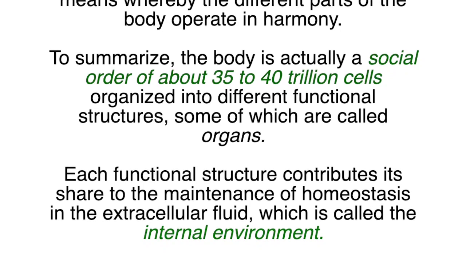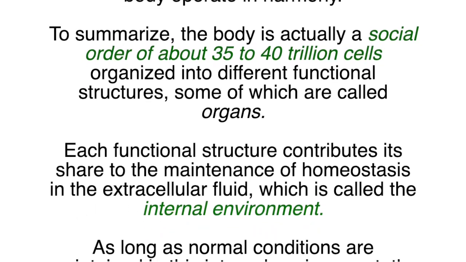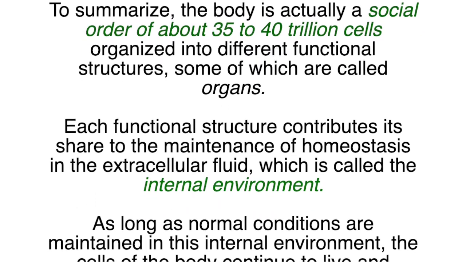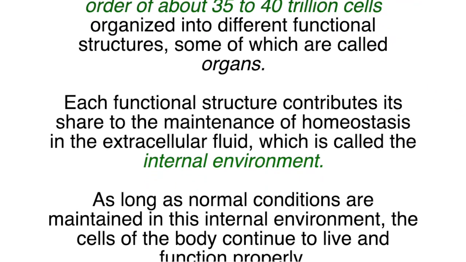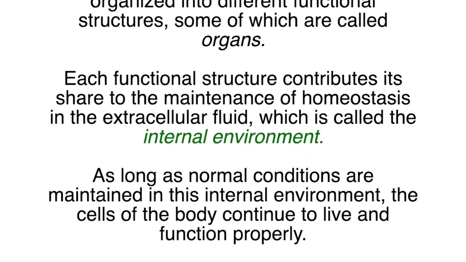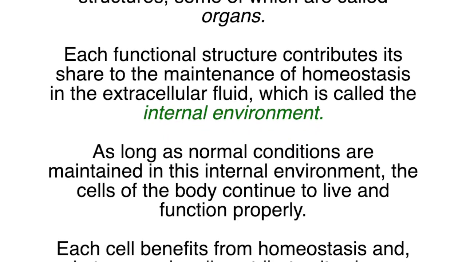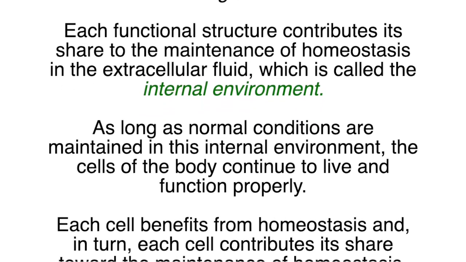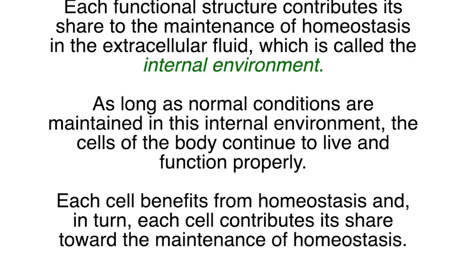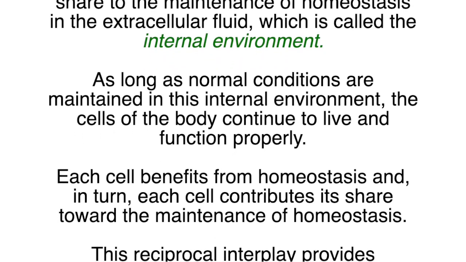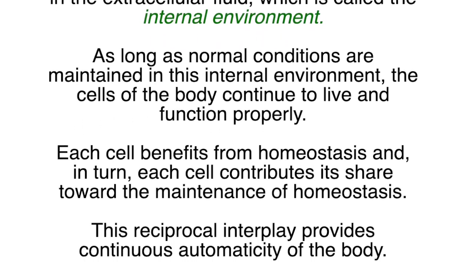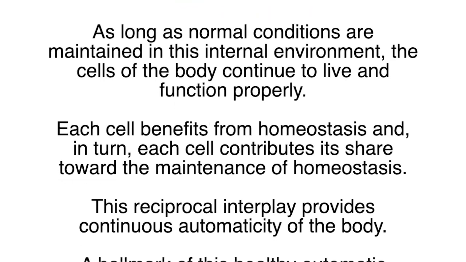Each functional structure contributes its share to the maintenance of homeostasis in the extracellular fluid, which is called the interior environment or internal environment. As long as normal conditions are maintained in this internal environment, the cells of the body continue to live and function properly.